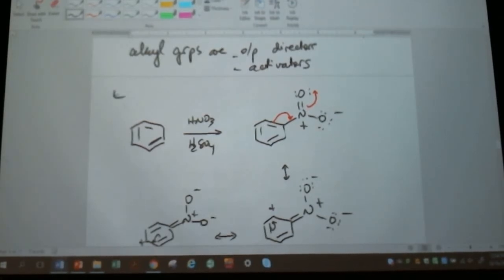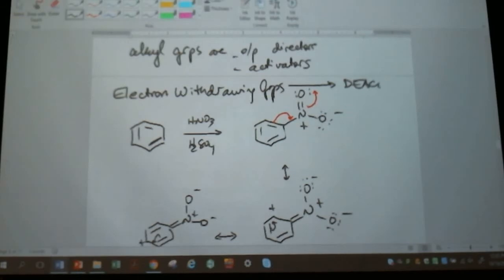So electron withdrawing groups are deactivators, meaning less reactive. When the ring has a deactivator, the ring becomes less reactive than benzene. Okay, so let's put it that way: ring plus deactivator is less reactive than plain benzene.